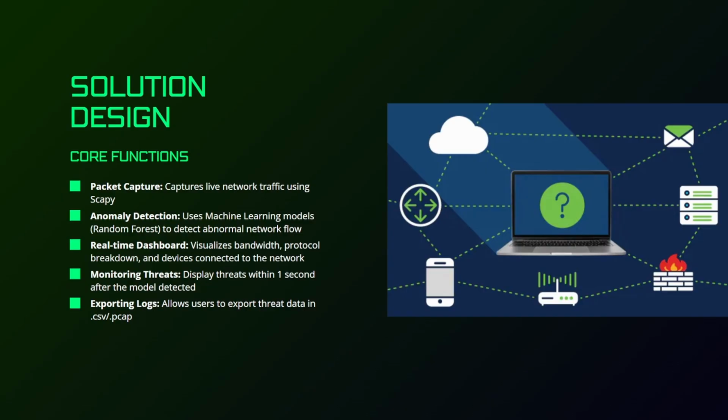The app has ML models that can detect threats from the network flow. Any threat detected will have its information sent to the monitoring screen within 1 second and exported to a CSV and PCAP file for further analysis.